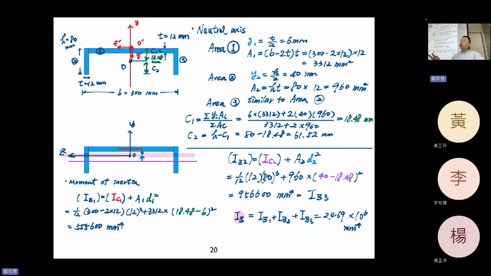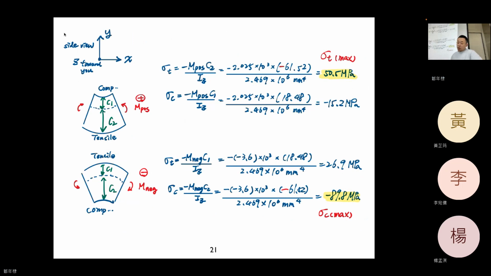So there are three applications of the parallel axis theorem. You move from here to the pink one, and from here to the pink one. Then adding up together, you have the moment of inertia for the entire cross section, Iz.